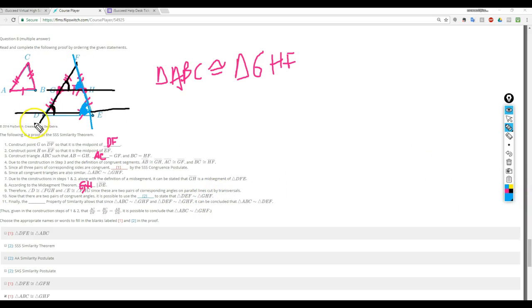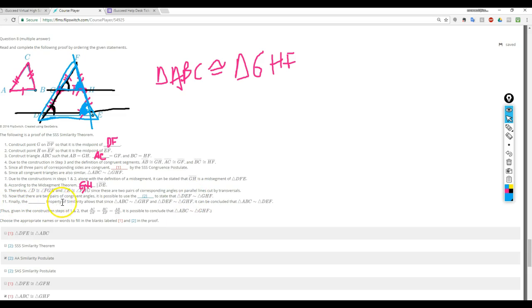So they're saying DEF, this big triangle, is going to be similar to triangle GHF, DHF, our little triangle, since we have our two congruent angles, and that is our angle-angle similarity postulate. Two angles, angle, angle. And it's the similarity postulate. All right.